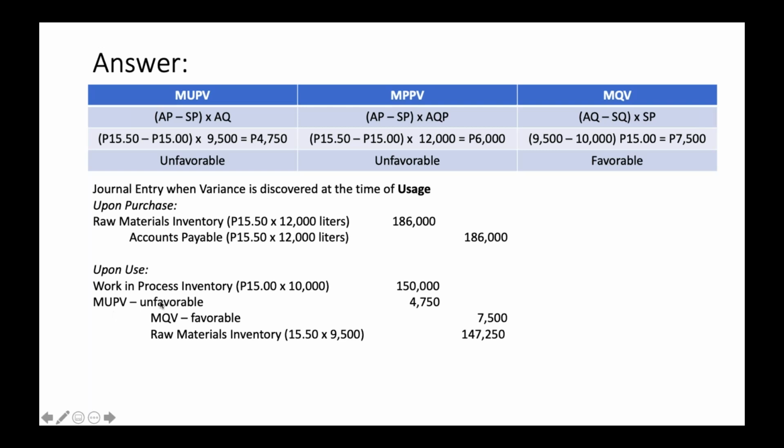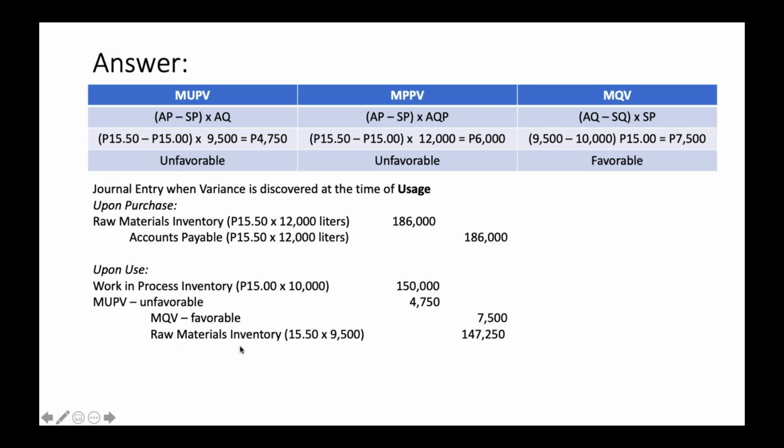So the entry would be debit work in process at the standard price at standard quantity of input, that's 150. Debit material usage price variance of 4,750 as we have computed, unfavorable, so therefore debit. And then credit material quantity variance, since this is favorable, this is credit.